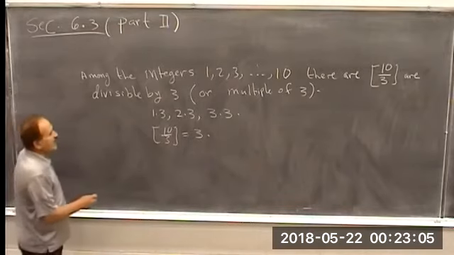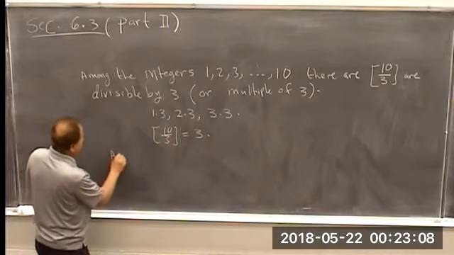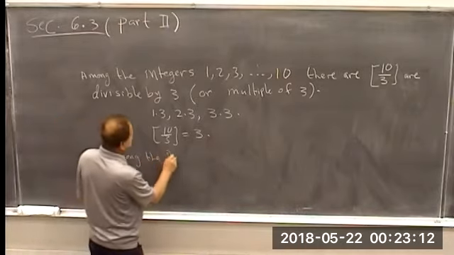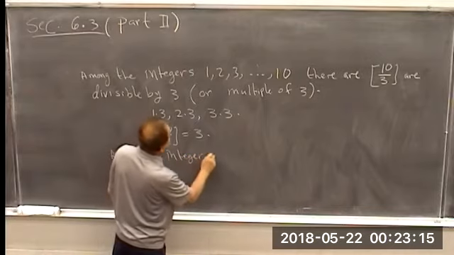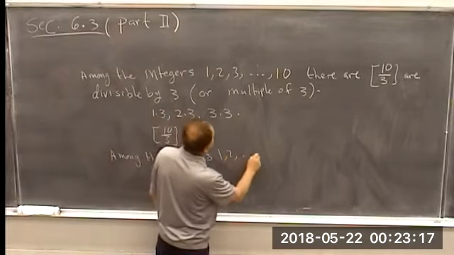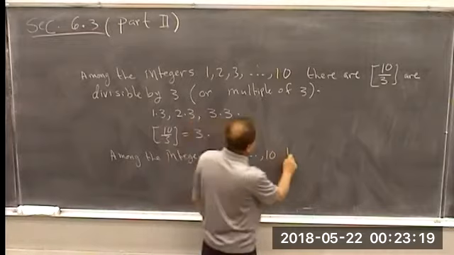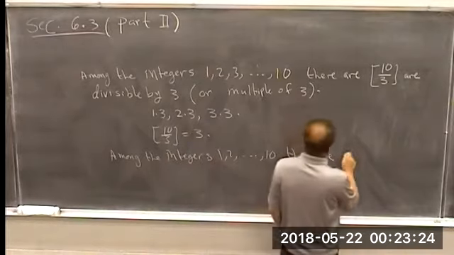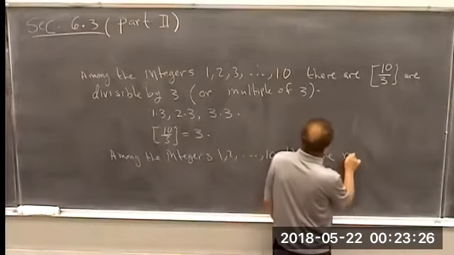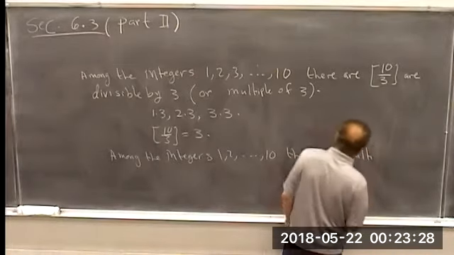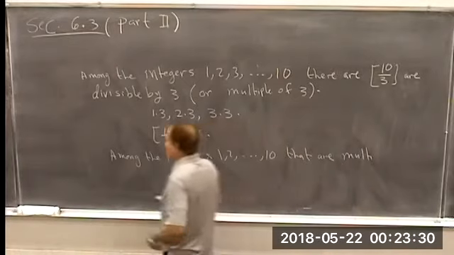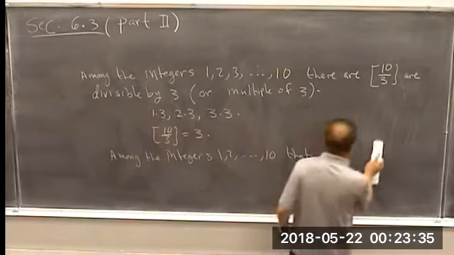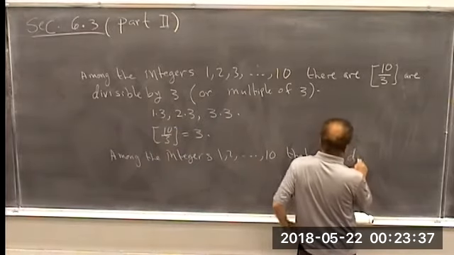Then we want to look again among these integers, 1, 2, up to 10, that are divisible by 3 squared, or multiples of 3 squared.